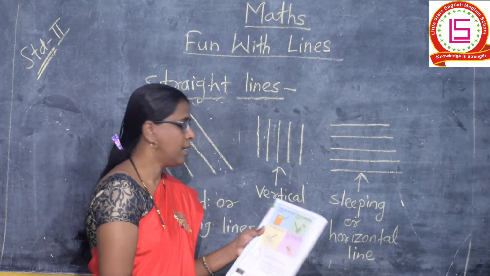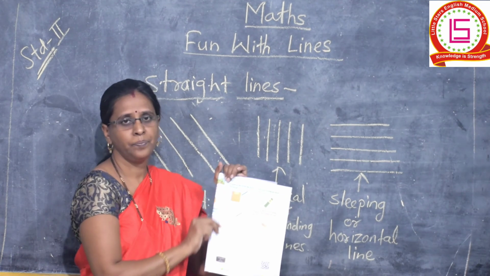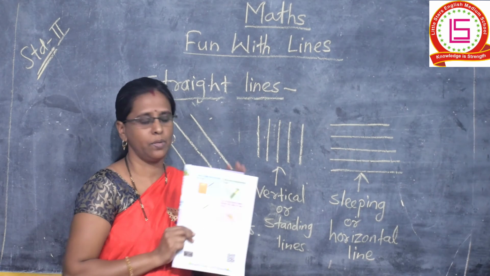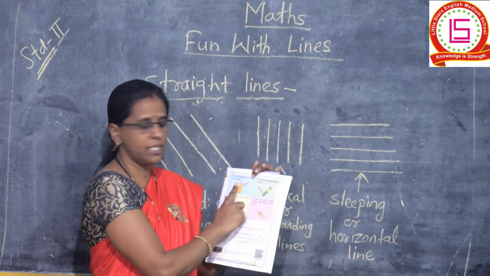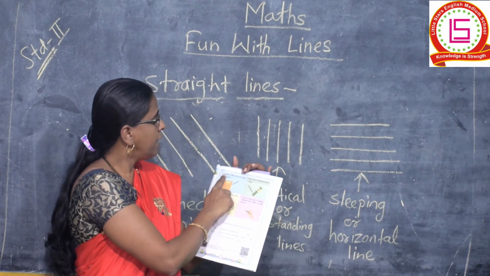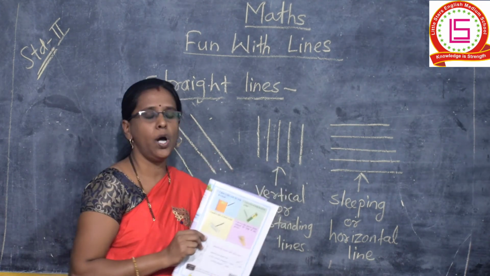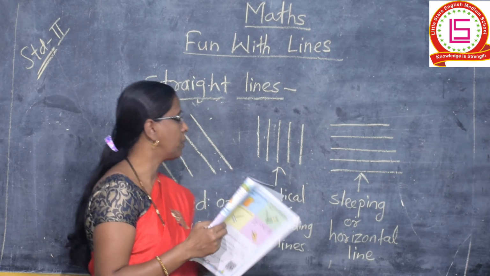See here, some pictures are given here. We draw the line with the help of objects. See here, first picture: I draw a line with the help of a book. You draw a line with the help of a book.